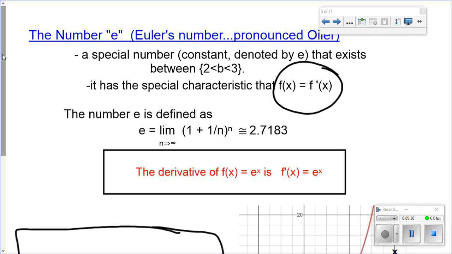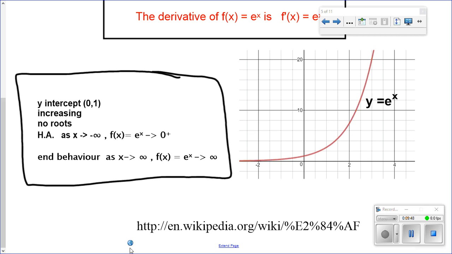That's approximately 2.7183. We're pretty close with 2.71, I think, and it can be approximated with this limit. It has this special characteristic that the function is equal to the derivative. So there is, again, a Wikipedia link for the history of our e constant.